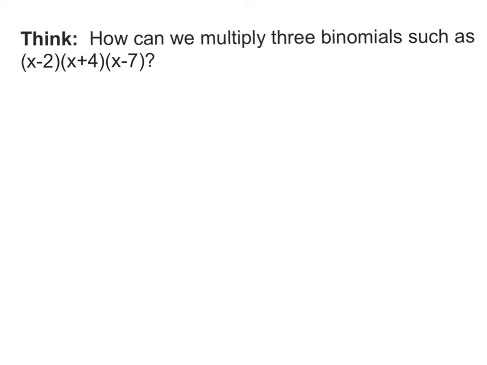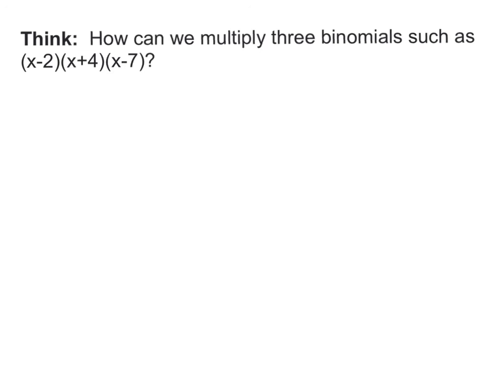For our last example, I want you to think about how we would be able to possibly multiply three binomials together. For example, what if we wanted to multiply x minus 2 times x plus 4 times x minus 7? I want you to think about a process that could be used. This is going to be the first example that we entertain in class tomorrow.